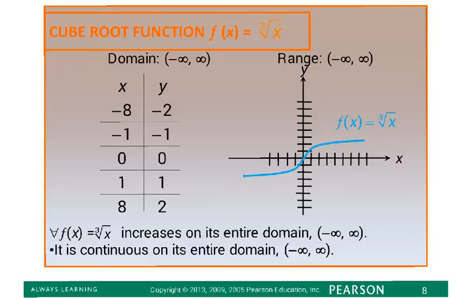The cube root function is similar to the square root function, except it's continuous over its whole x-axis here, and it doesn't have a beginning or end like the square root function.